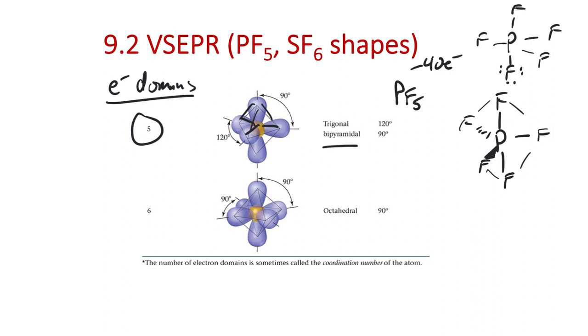And so our bond angles here go 2 different ways. You have 90-degree bond angles here, and then you have 120 on the equator. So you have 2 different sets of bond angles, depending if you're comparing the fluorines that are on the equator of the molecule, 120, and then the axial to the equator bond angles are 90 degrees.